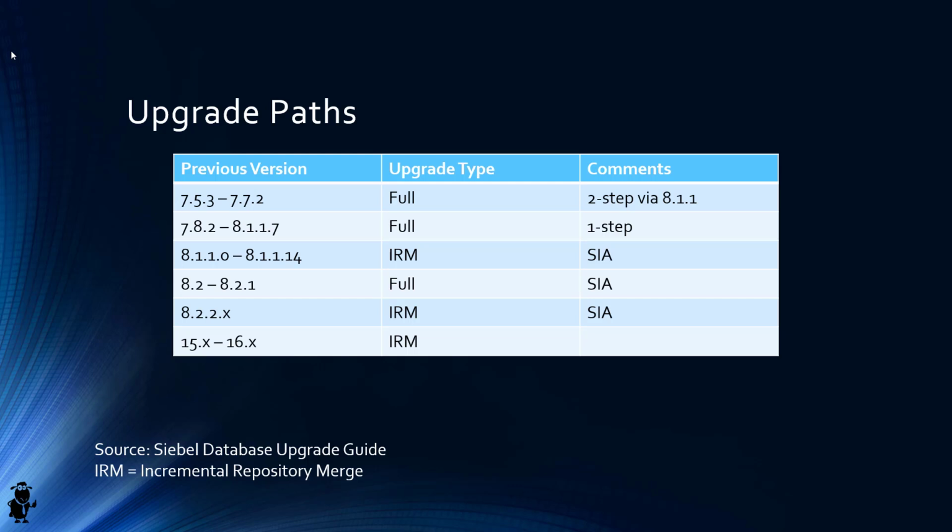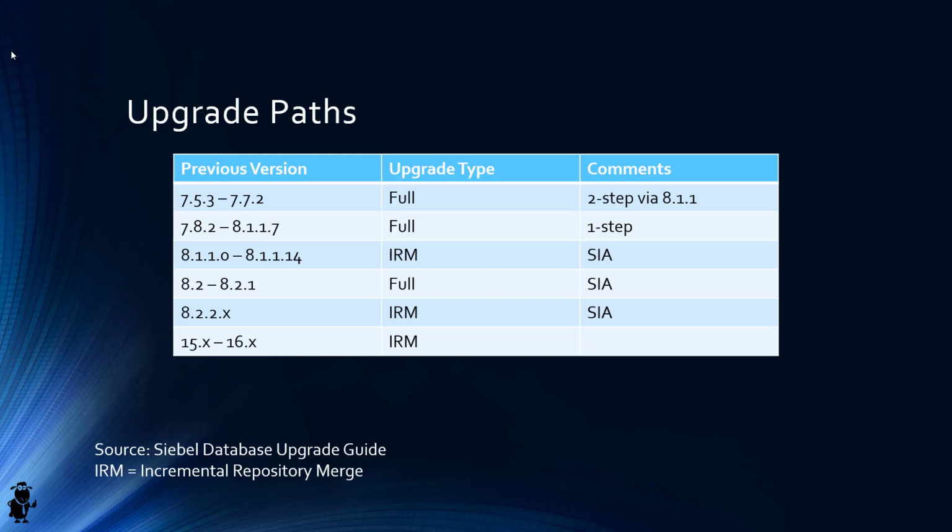And here we see that you can upgrade from any old version, literally even before 7.8, to the latest Siebel, which means if you want to go from 7.5.3, let's say, to Siebel 20.5 available in May 2020, then you would have to do a full upgrade, and it would be two-step.